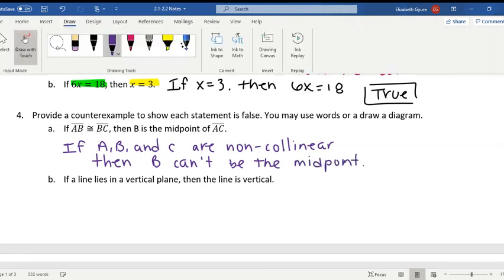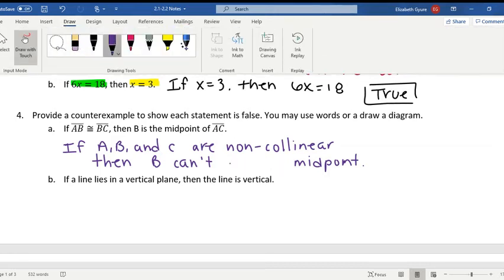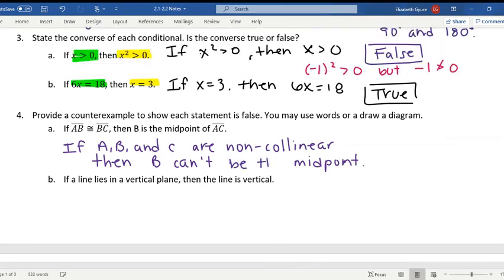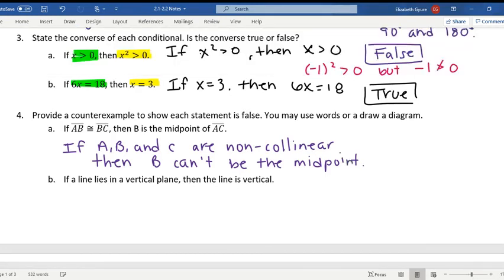Something along those lines. It's telling you that the segments here do exist, but maybe they all don't exist on one segment together. And I'll show you what that would look like. Again, more than one good way to state this. I'm just giving you one option.